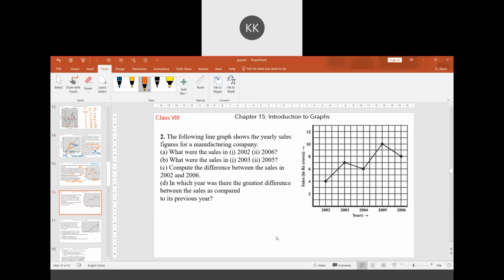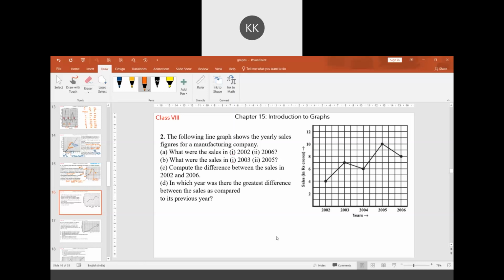In which year was the greatest difference between the sales as compared to the previous year? Here, years are mentioned on the x-axis and the sales in crores on the y-axis. We have to see the sales in 2002 and 2006.